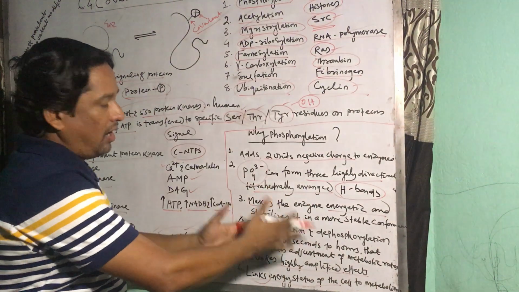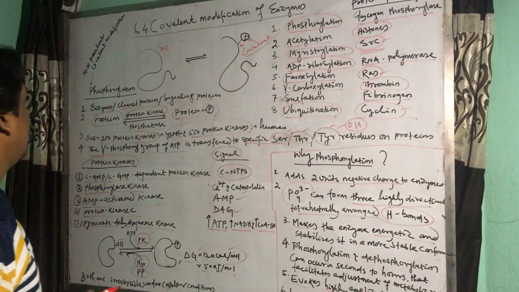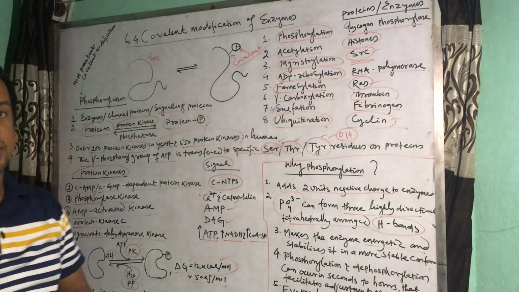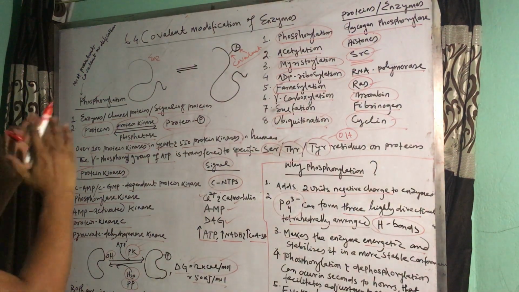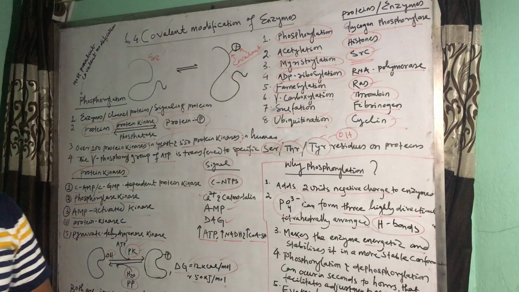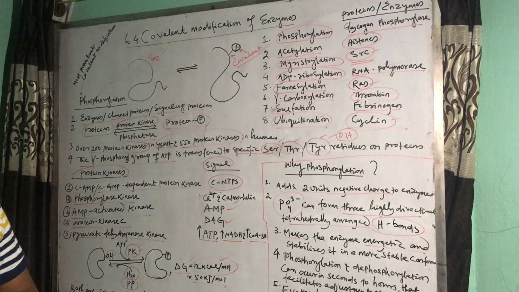There are several advantages of this phosphorylation of enzymes, and that's why phosphorylation is an important covalent modification that takes place in regulation of metabolism.